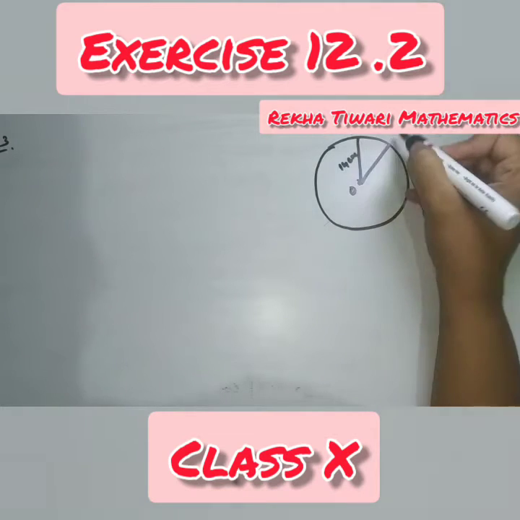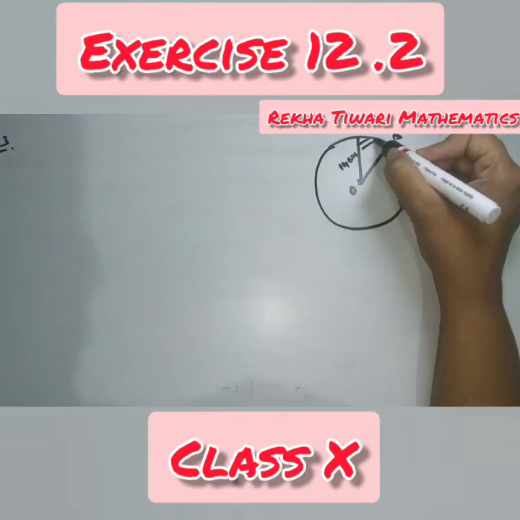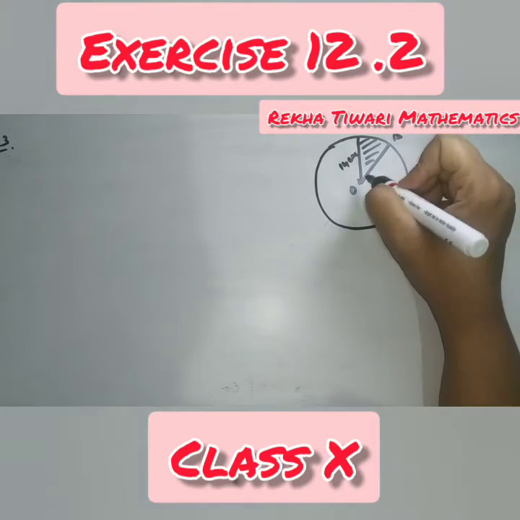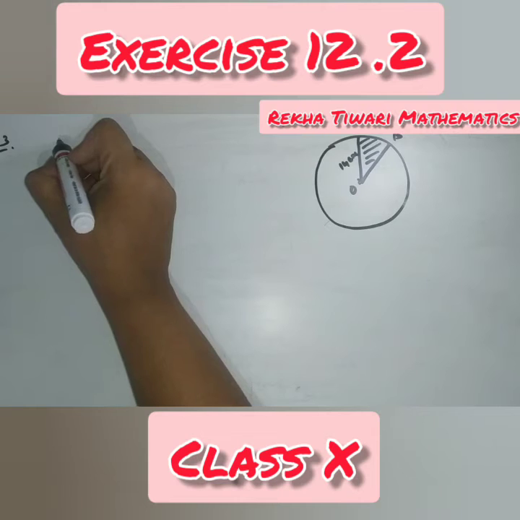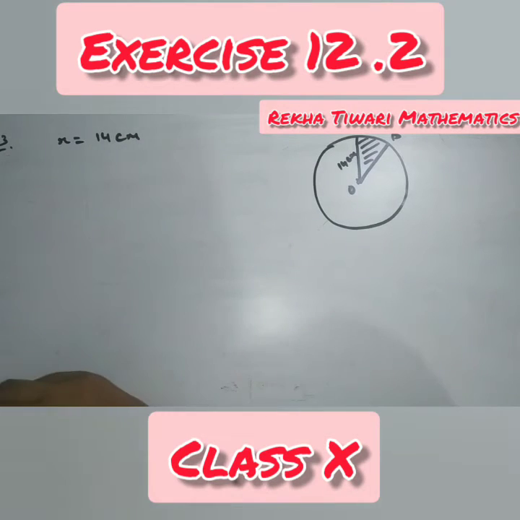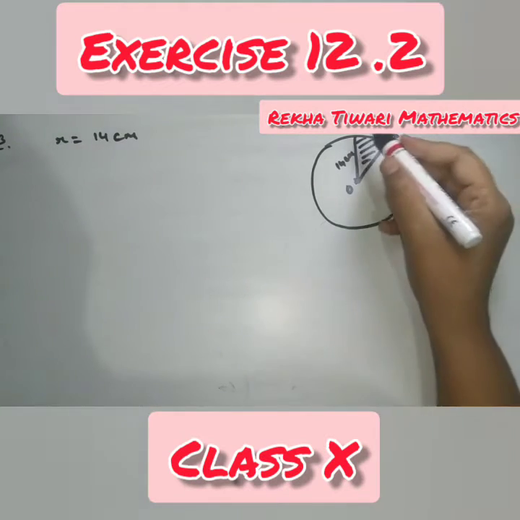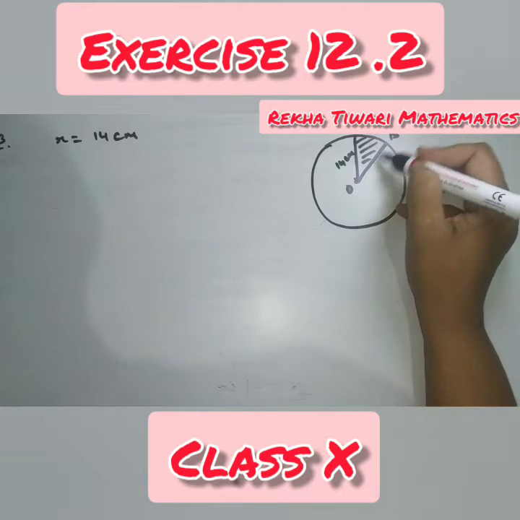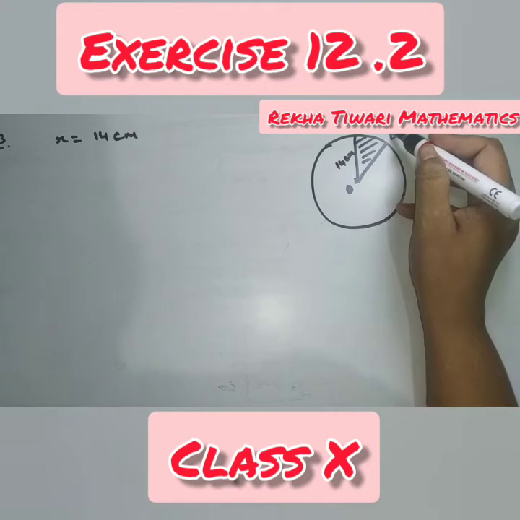That means you have to find out the area of this region. And this region is what? This is sector. But again, radius is known to us, 14 centimeter. Theta is not given. So how to find out the theta? Look here class, this is clock. In clock, how many sectors can you make like this?